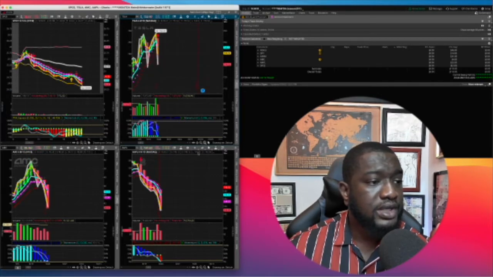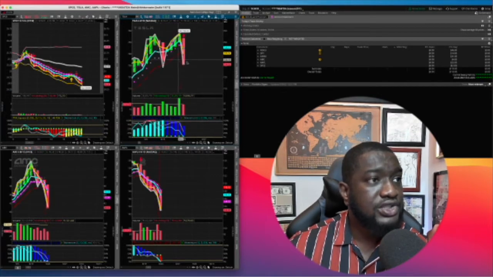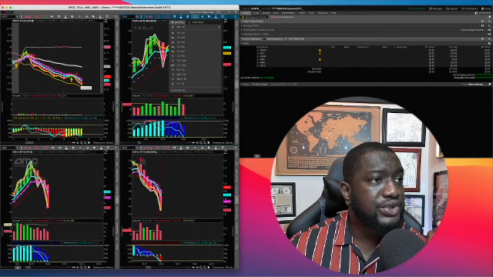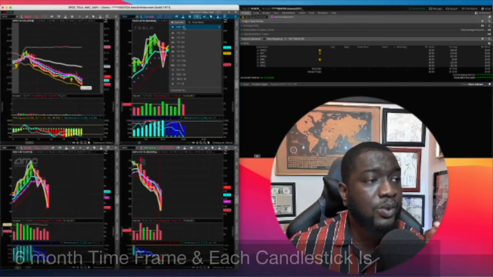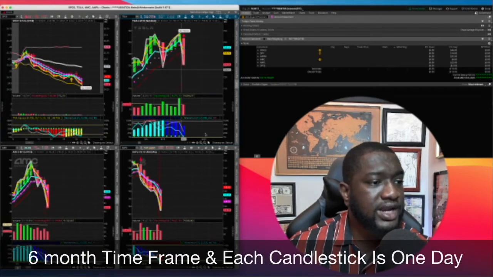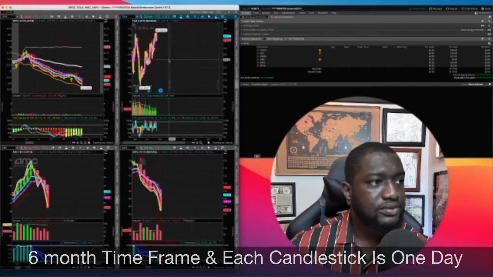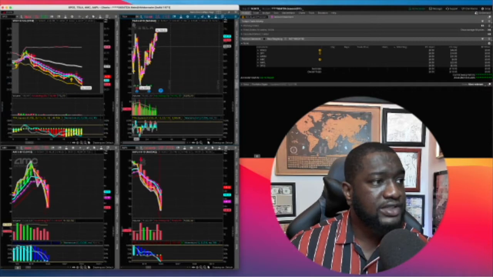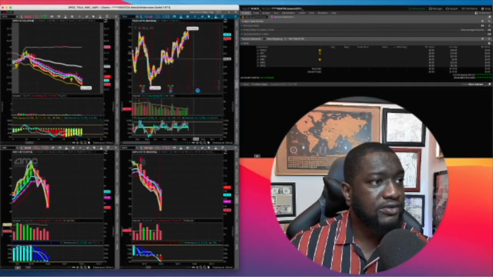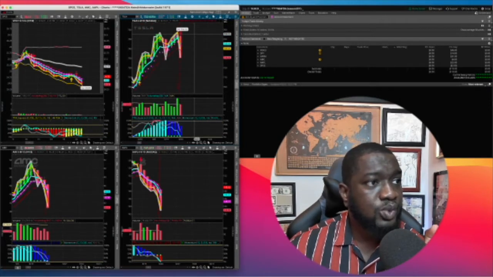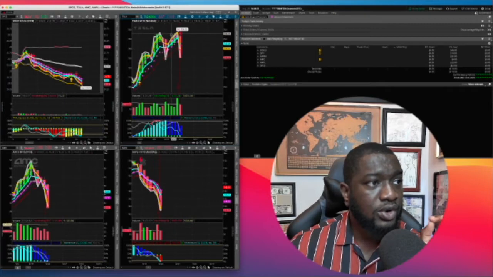So this chart right here, let me show you guys. This is 6 months, 1 day. It gives me data going back for 6 months of what Tesla has been doing, and every single candle is 1 whole day.